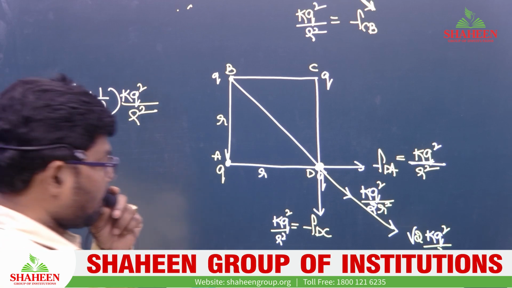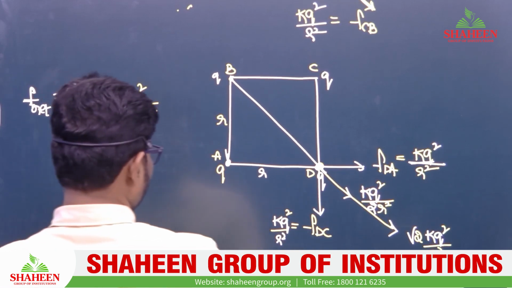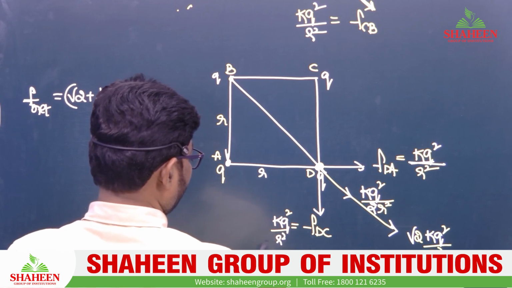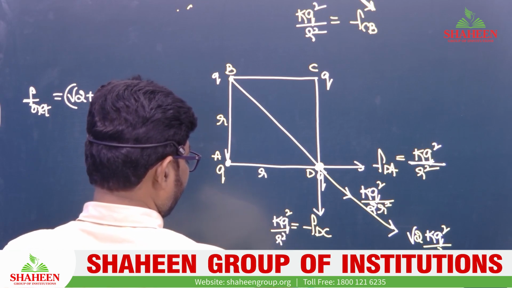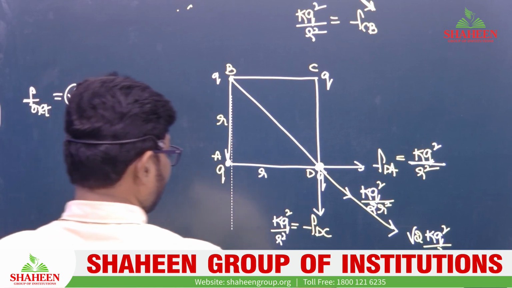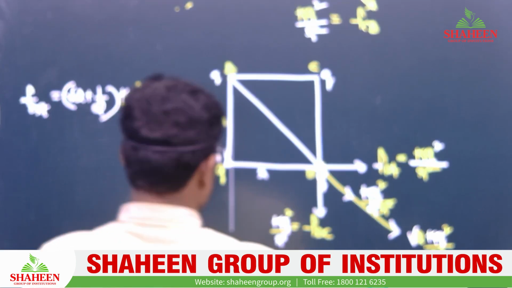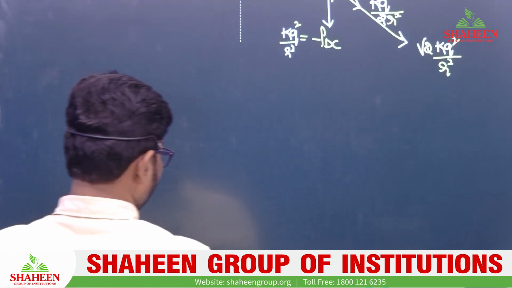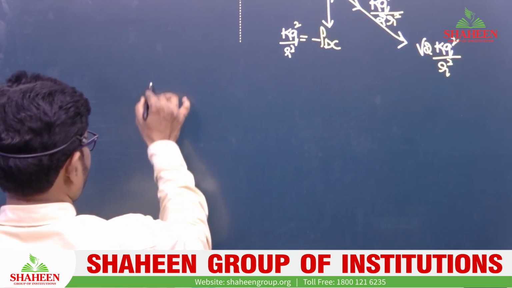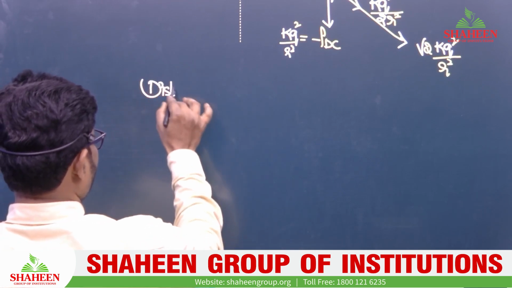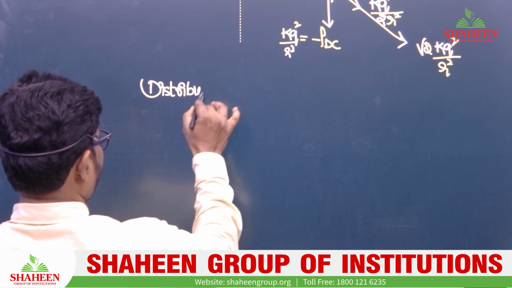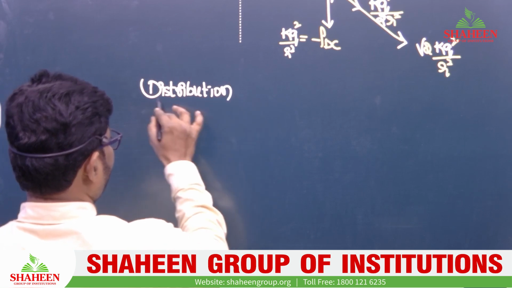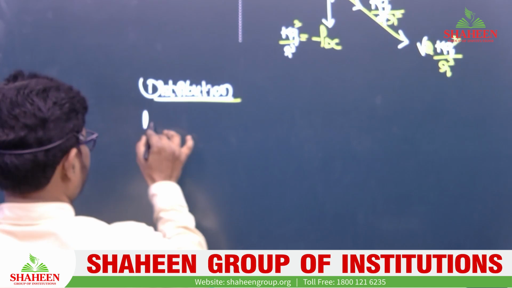Okay. Shall we go for electric field? The next topic is electric field. Before entering electric field, what is required? What is meant by distribution of charge? There are three types of distribution of charge.